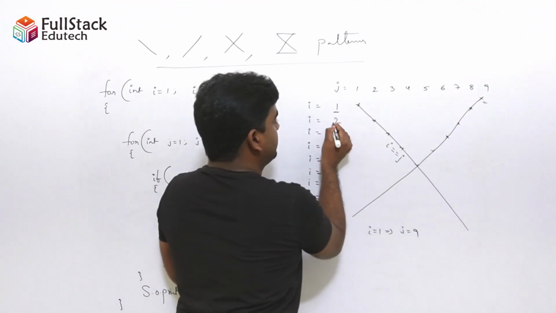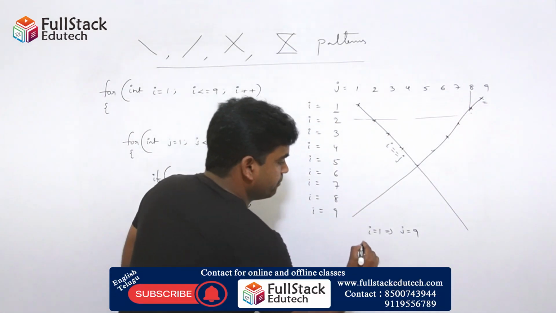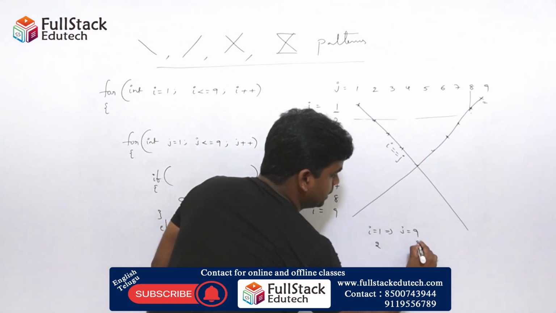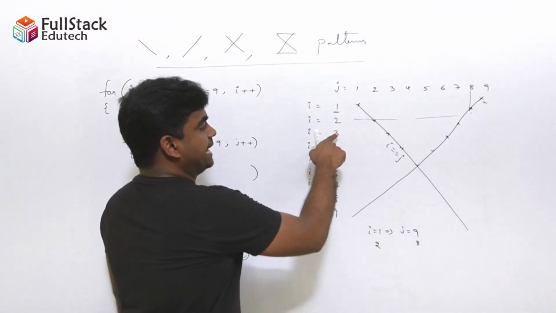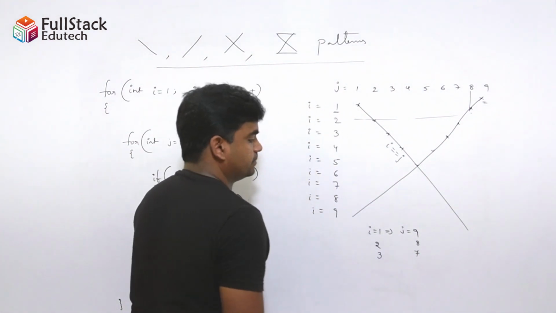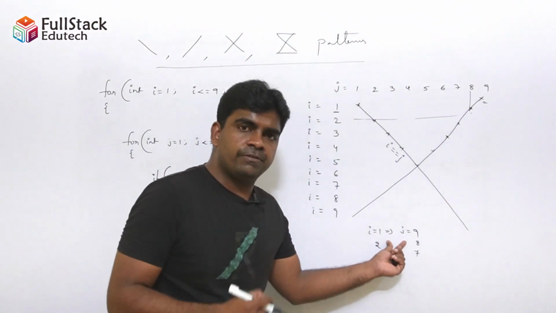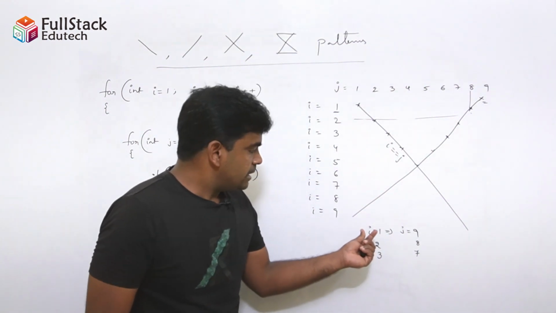That second star, when i equals 2, j equals 8. Next one, when i equals 3, j equals 7. Look at this, based on this we will create one formula.